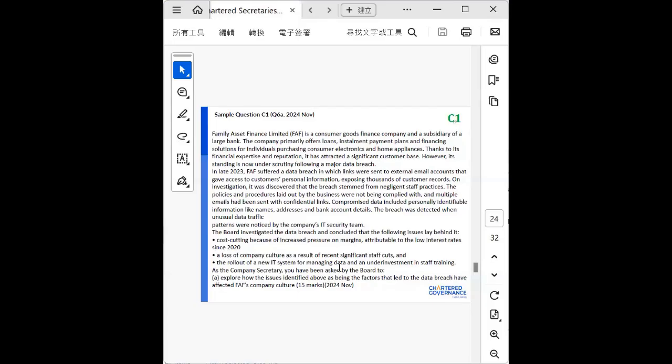Organization structure: staff cuts will disrupt team cohesion and communications, and probably increase the workload, and that will blur the boundaries between roles and responsibilities. And these are the different rituals that you can see in here, right? For example, there are multiple emails sent without confidential links. So there's a breakdown of the rituals.